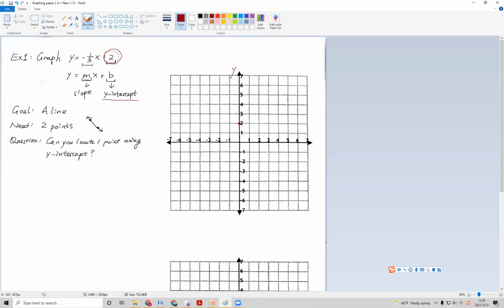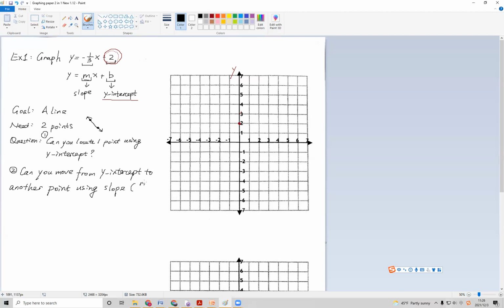Now the next question, question number 2: can you move from the y-intercept you just located to another point? But how do we move? We have to move based on slope.